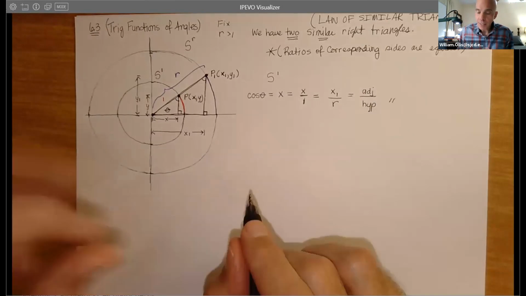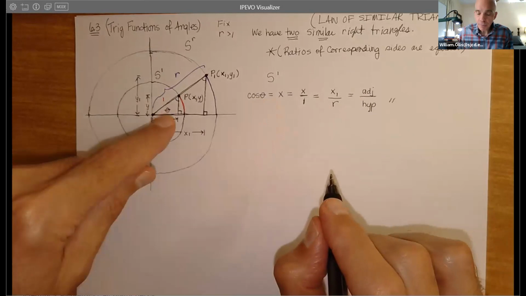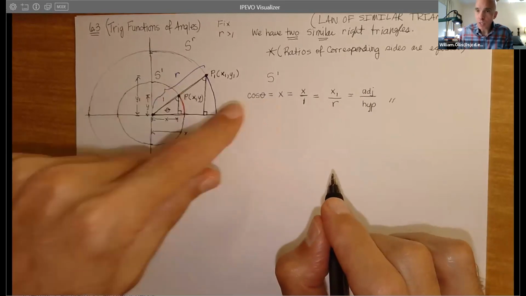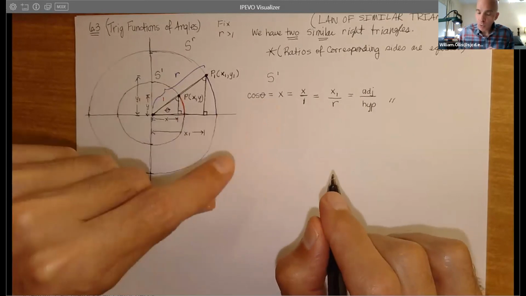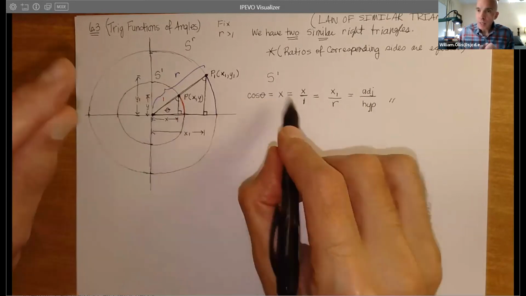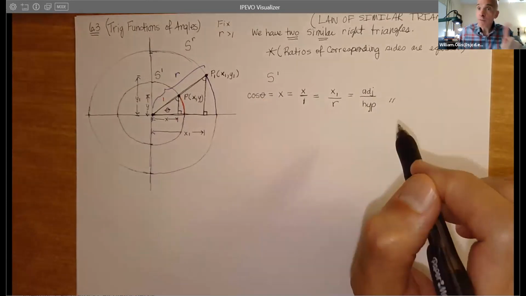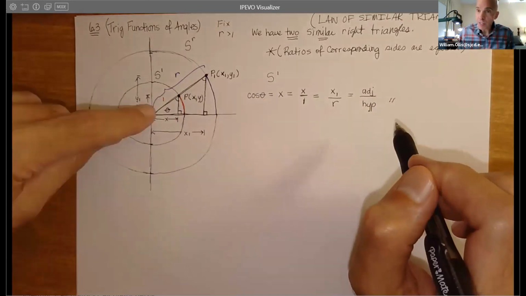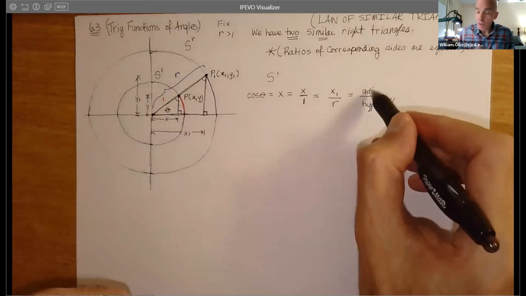So basically, if we define the cosine of theta to be the x coordinate of the terminal point on the unit circle, that's equivalent to the x over r for any circle that corresponds to that theta, by constructing adjacent over hypotenuse.